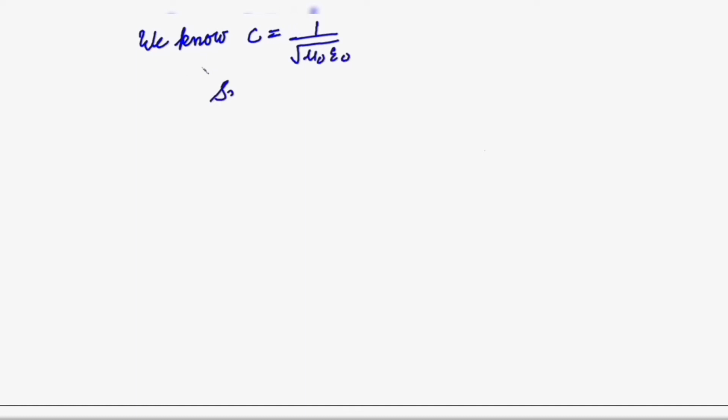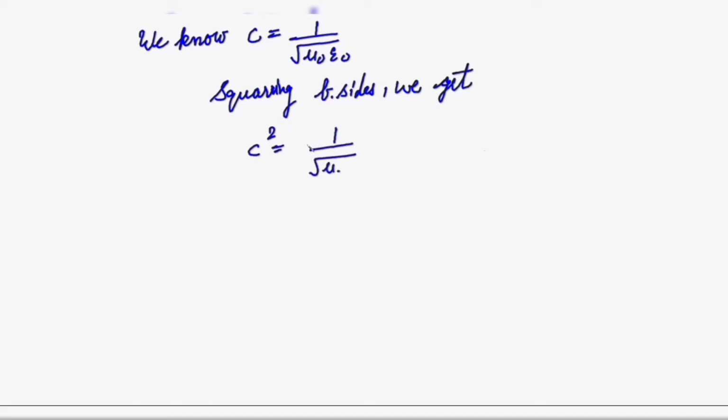Squaring both sides, we get c square is equal to 1 upon square root of mu naught epsilon naught whole square, so c square is equal to 1 upon mu naught epsilon naught.